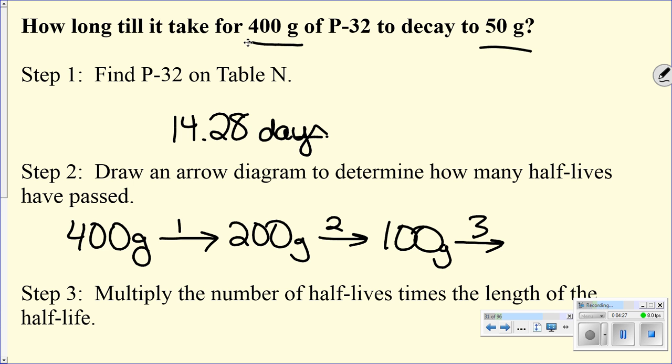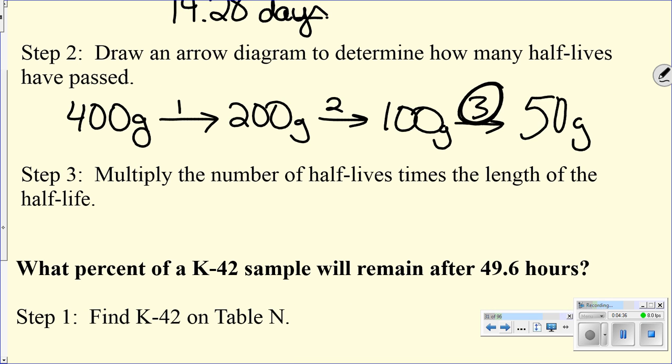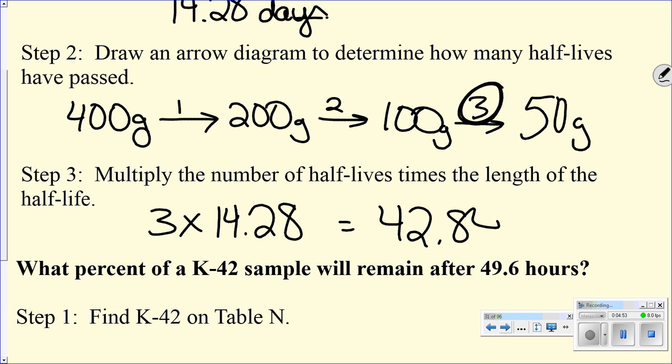And if I chop it in half a 3rd time, that gets me down to 50 grams. So I had to go through 3 half-lives. Since each half-life is 14.28 days, I'm going to multiply 3 times 14.28, and I get 42.84 days.